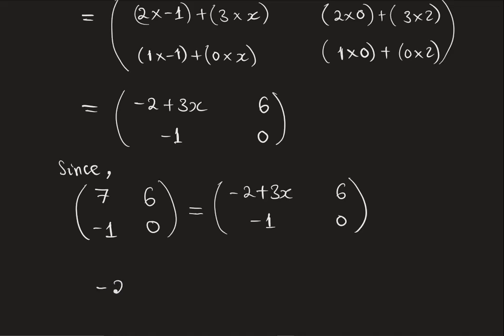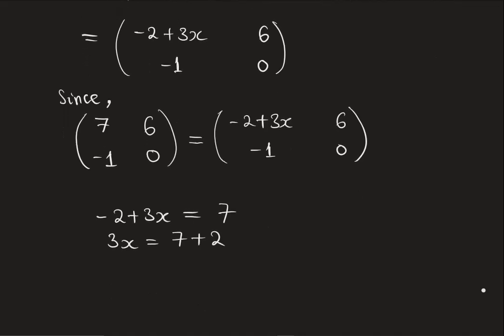So we have -2 plus 3x, which is supposed to be equal to 7. Simple equation that we can solve. 3x is going to be equal to 7 plus 2, which you can see is going to be an interesting answer. 7 plus 2 is 9. We divide by 3. X is just 3.